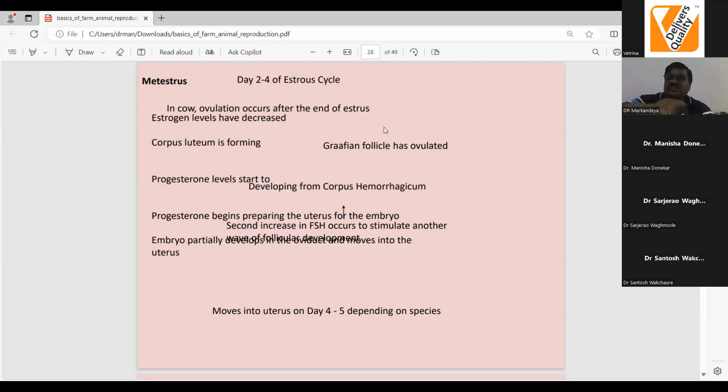The ova is released along with its cells, corona cells. It is not only an ova as a ball, but this ball is covered by a network of 400, 500 cells around the surface of the ova, which is released along with the follicular fluid.